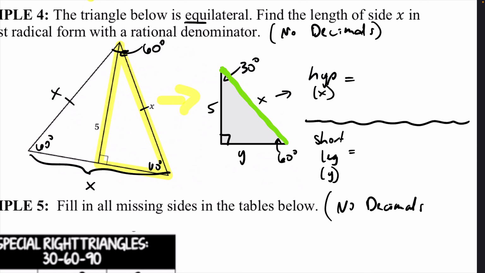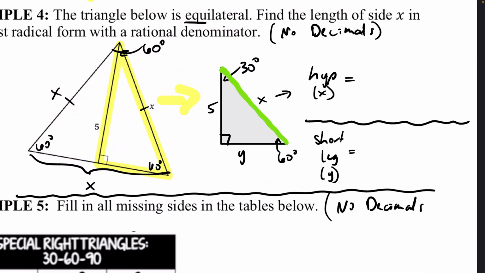Okay. So the short leg, it said take the long leg and divide it by the square root of 3. That's what it said in the front. But we talked about this on Monday and Tuesday. I can't have a square root on the bottom, right? I can't finish a problem with the square root on the bottom.